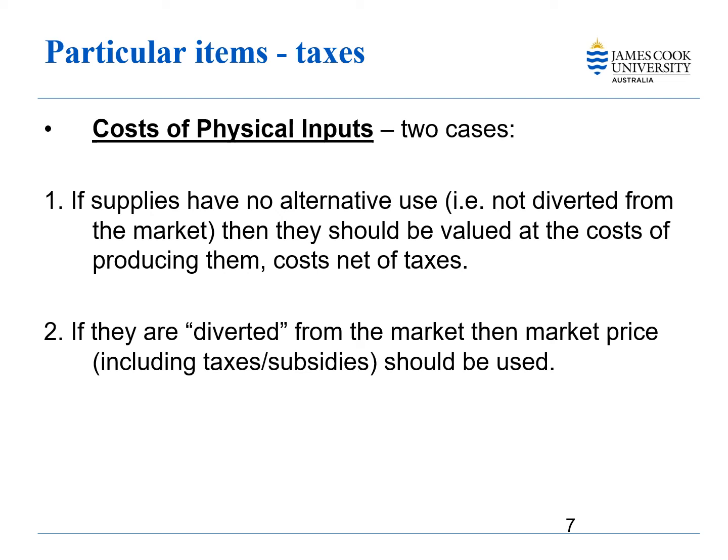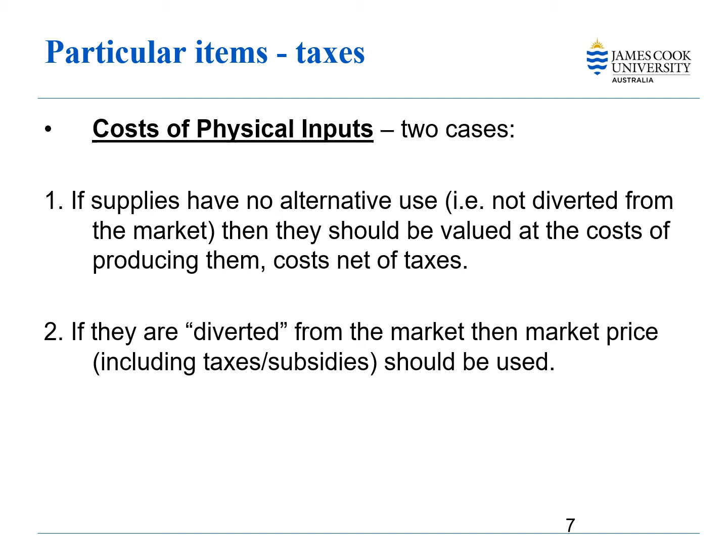Suppose to build a bridge, I need a very unique truck, not the general trucks. This truck has no market, so it can only be used in my specific project here. So now the cost of these special trucks would be the cost of producing them, and we do not want to include the taxes.